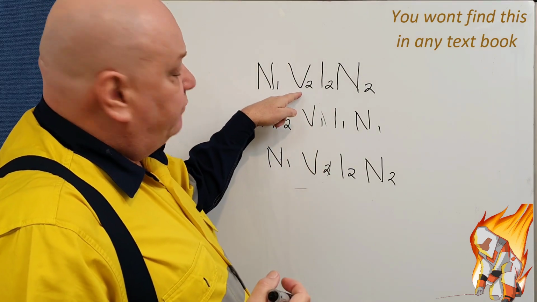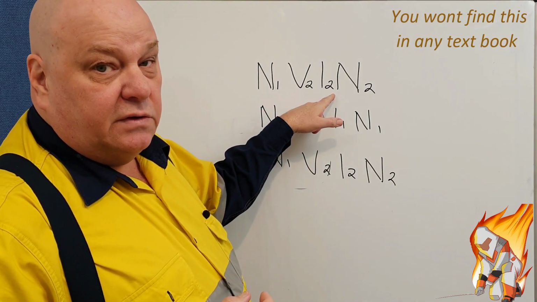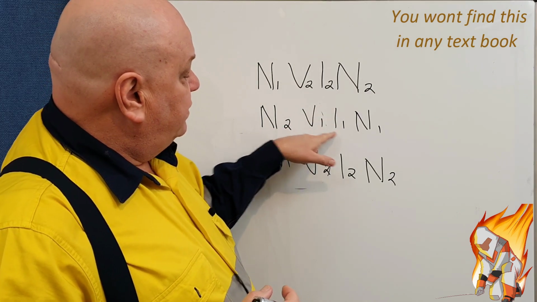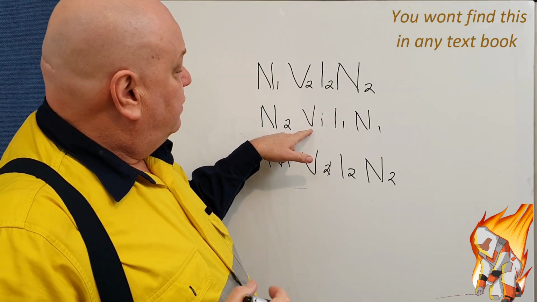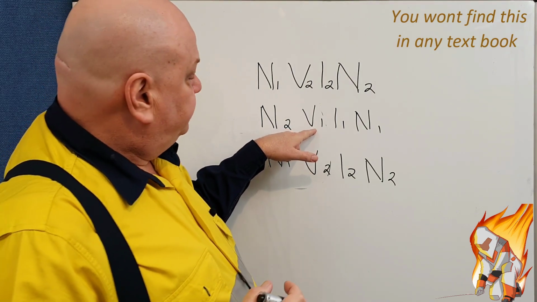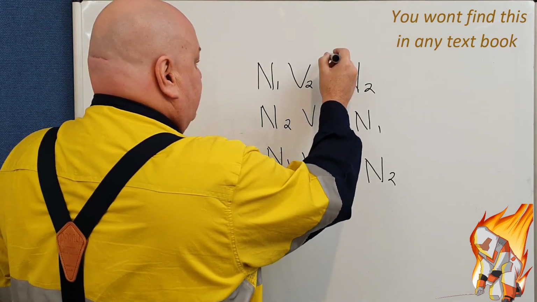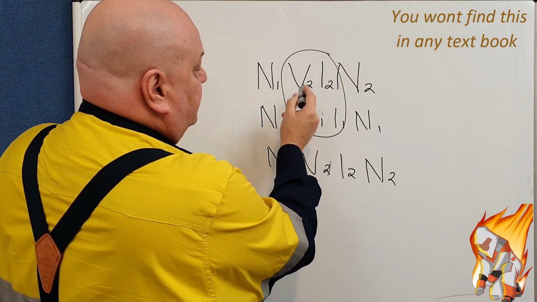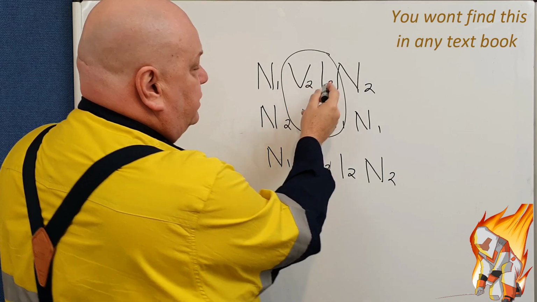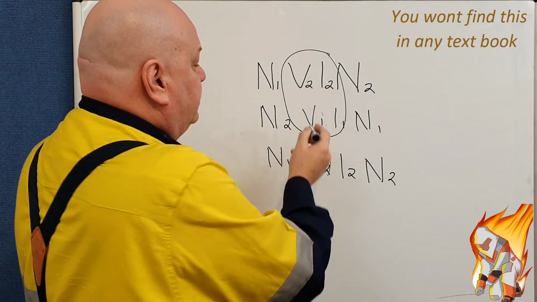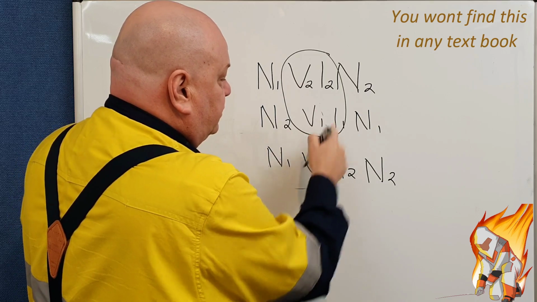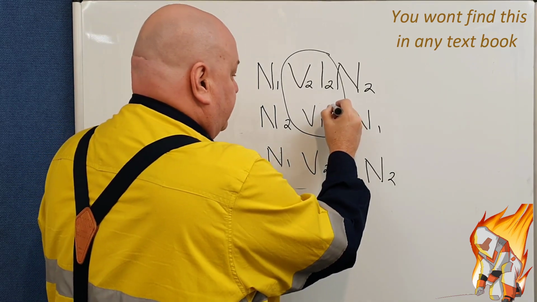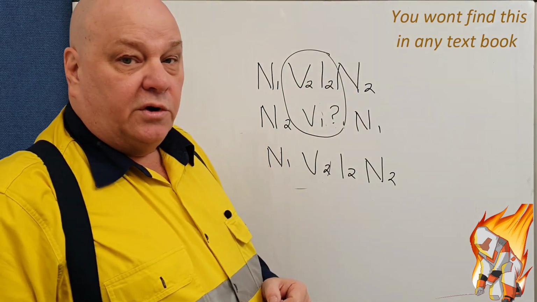So up here we've got voltage of the secondary and current of the secondary, and we want to know the current. Here we've got the voltage of the primary. So there's our formula. It's voltage on the secondary multiplied by the current on the secondary divided by the voltage on the primary will give you your current on the primary.